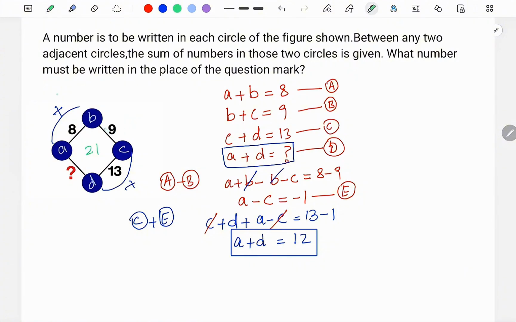Similarly, we can say that the sum of 9 and the question mark is 21 as well. Therefore, the question mark will also be 12, because the difference of 21 and 9 is 12.